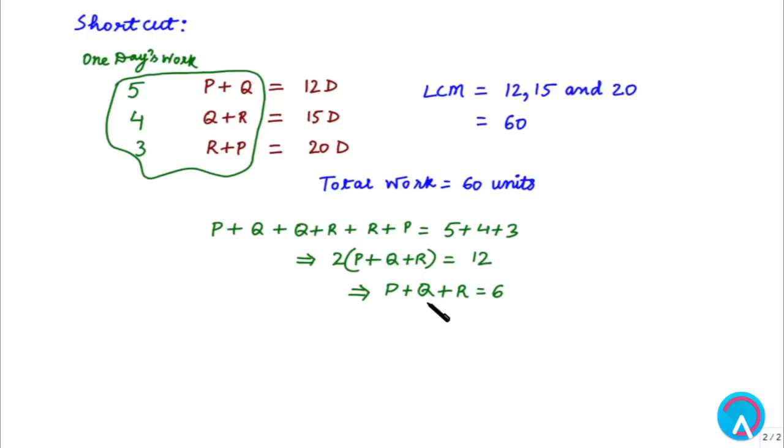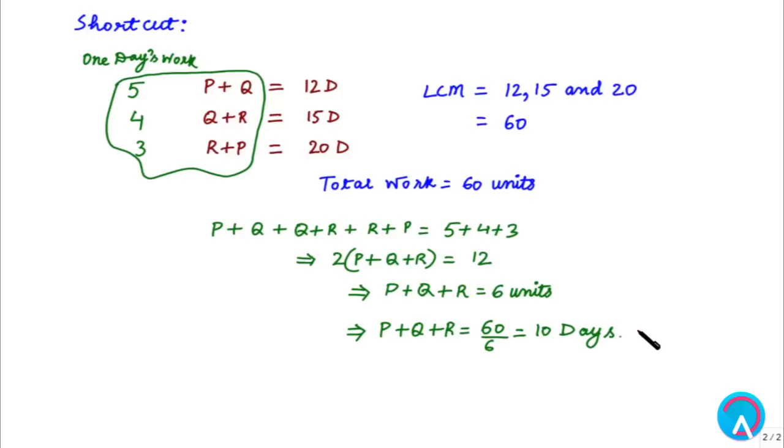So from here, this means that P, Q and R together in one day will accomplish 6 units of work. We are supposing the total work is 60 units, so P plus Q plus R together will finish the work in 60 by 6 equal to 10 days.